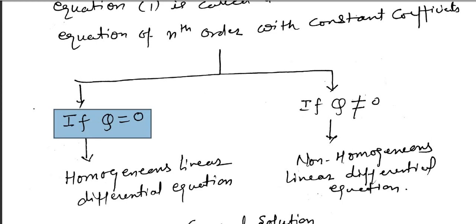If Q equal to 0, then the given linear differential equation is known as homogeneous linear differential equation, of the form f(D)y is equal to 0 because the RHS term Q equal to 0.